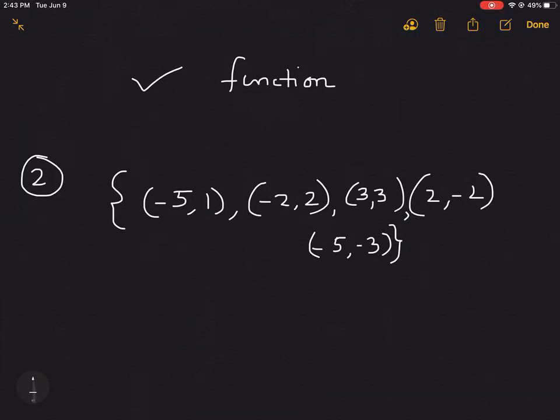Okay, so if we have an ordered pair like this, all we need to check is whether we have one single element in the domain connected to more than one element in the range. Let me write it for you.